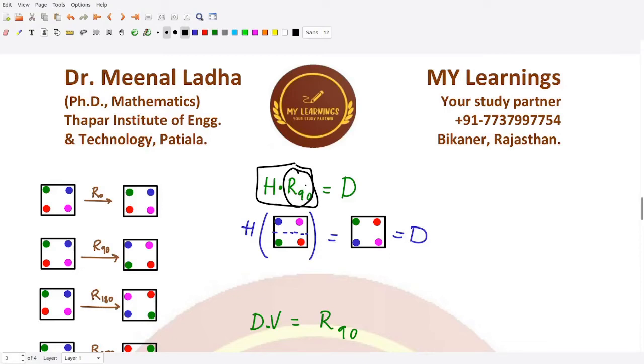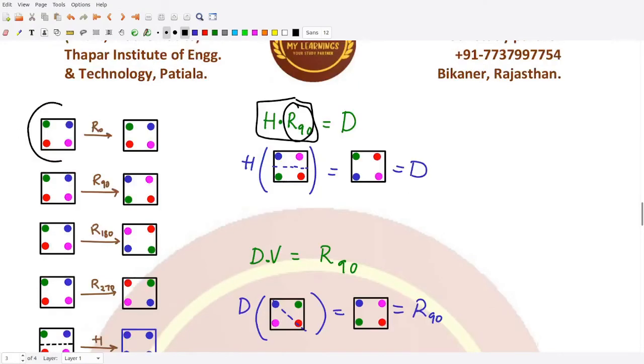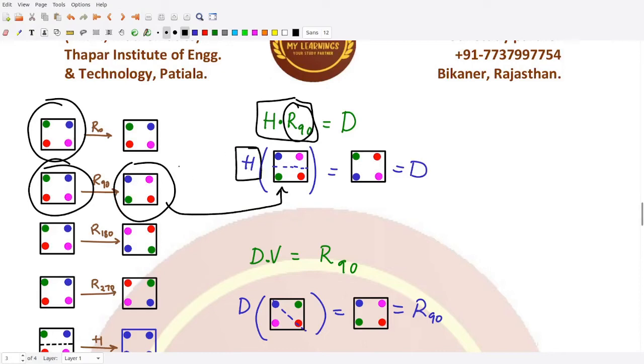So basically we will be taking the operation R90. This was the given initial square. For this given initial square, we first have to apply the operation of R90. After applying it, we have this square, which I have written here. After that, we have to apply the operation of H onto it.